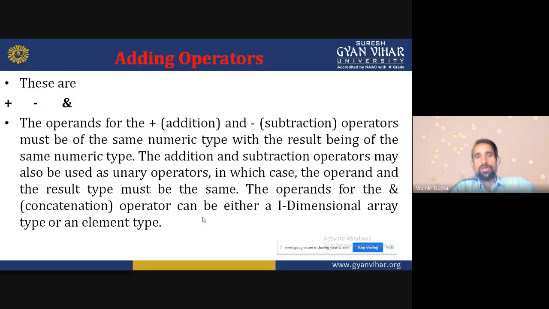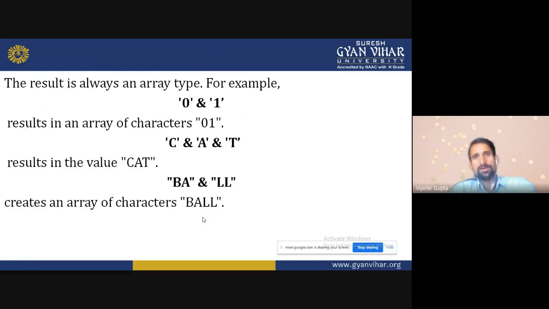The operands for the concatenation operator can be either a one-dimensional array or an element type. We can see the example. The result is always an array type. For example, 0 and 1. What is the result?